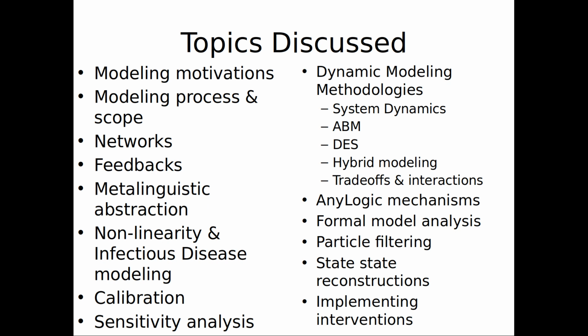Motivations for modeling, the process and scope of modeling, the different processes involved in it, networks, the types of networks we use, feedbacks, types of feedbacks, this notion of metalinguistic abstraction, picking the language which we use to describe a problem.